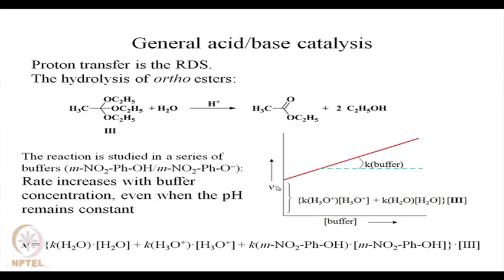But here if we plot V versus buffer concentration, you see that it starts from somewhere over here. If you increase the buffer concentration, the rate has been found to increase from here to here. So, this part you can call the residual one, which is the contribution from your H3O plus part and also from your H2O part.